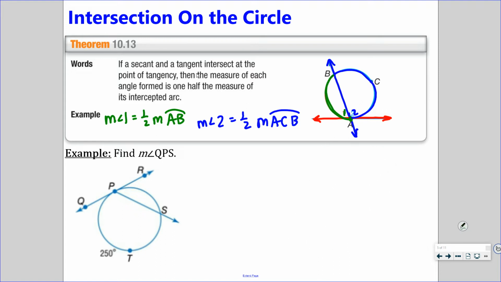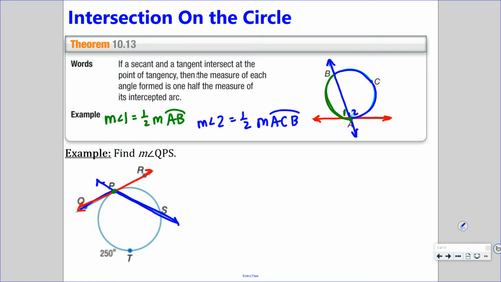All right, so let's try a couple of these. Find the measure of angle QPS. All right, so this is my secant line. This is my tangent line. Where are they intersecting? On the circle. Not inside, on the border of the circle.